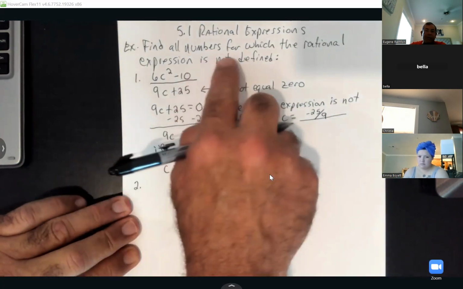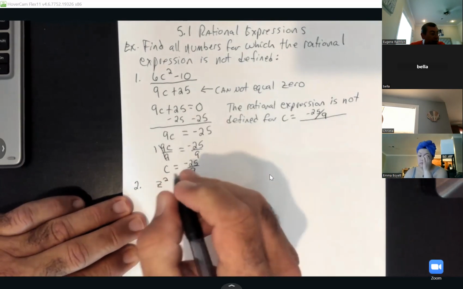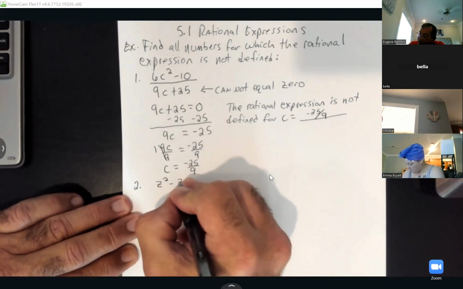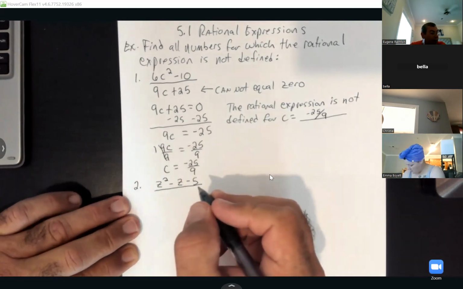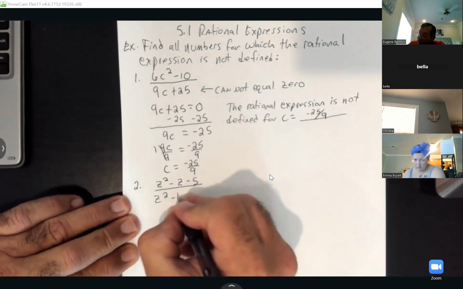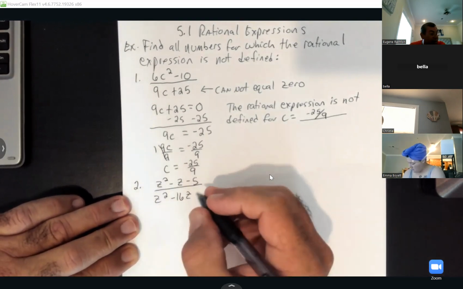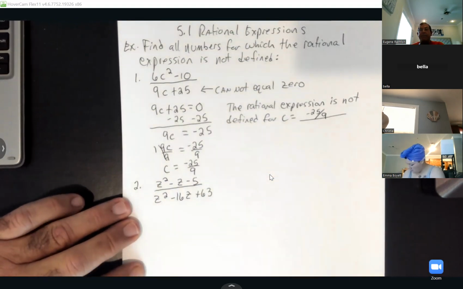So for number 2, the same thing. But this time they've got z squared minus z minus 5 all over z squared minus 16z plus 63.